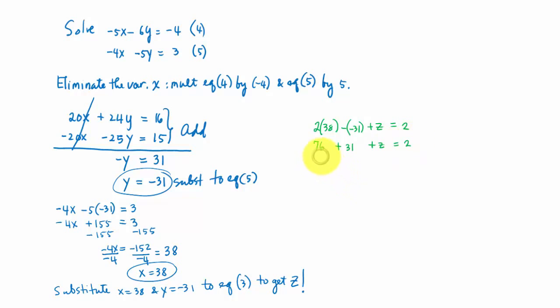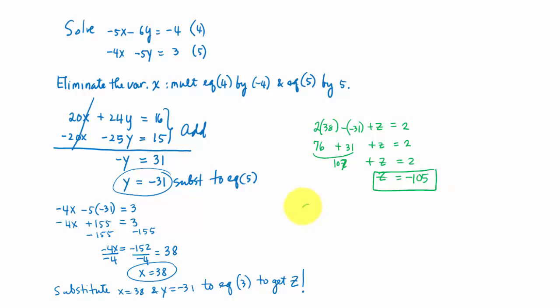And what does this add up to? That adds up to positive 107, right? Plus z is equal to 2. Therefore, z is equal to negative 105, because if we add negative 107 to both sides, you're going to get z equal to negative 105.